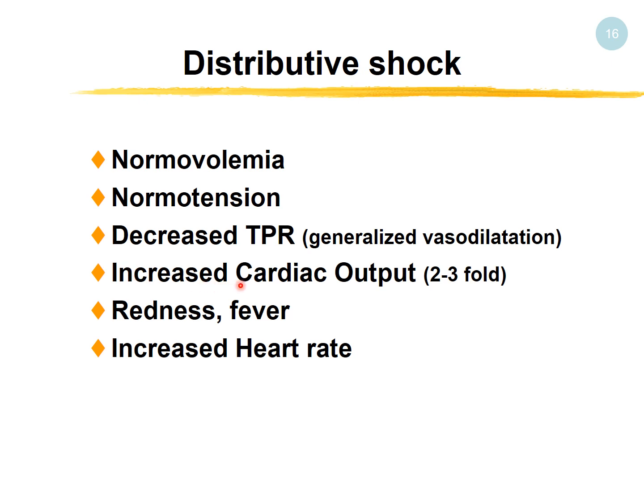Well, increased cardiac output. So it means this patient has a tachycardia. The cardiac output increases about 2 to 3-fold. What will happen? Because in the periphery we do have vasodilation, usually the extremities are warm and red, and for sure, as I mentioned, the heart rate is increased.